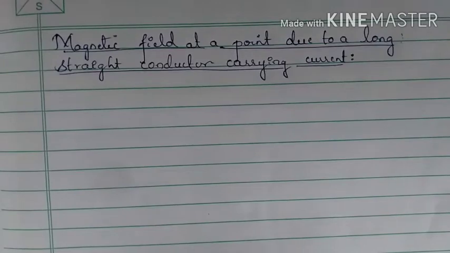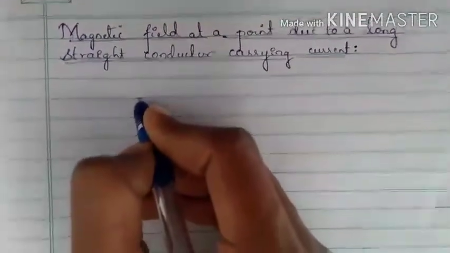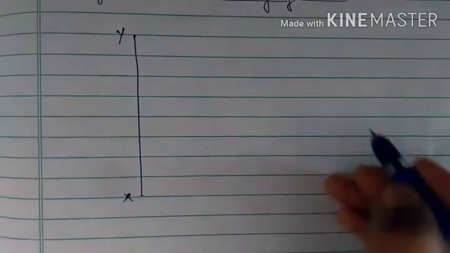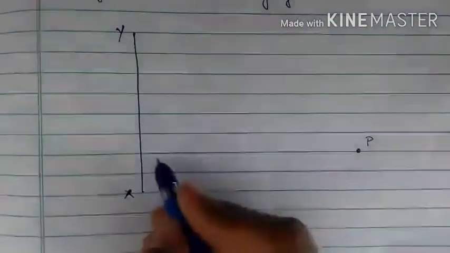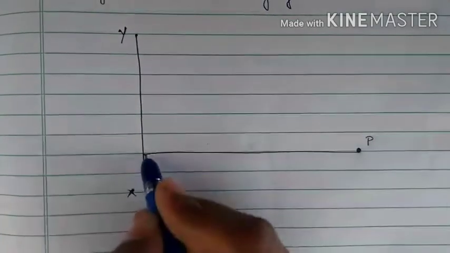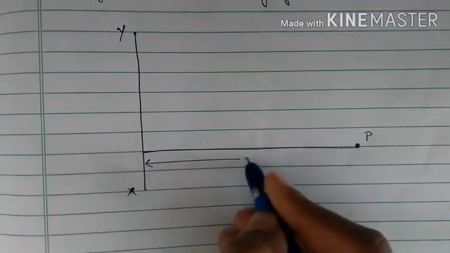Now let us consider a long straight conductor as XY. For this there will again be a point P which is at a distance r from the long straight conductor, denoted as r.